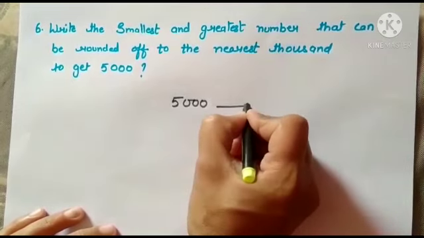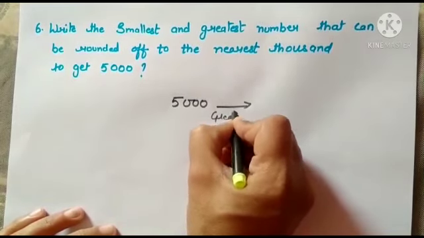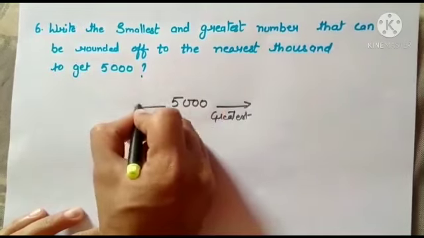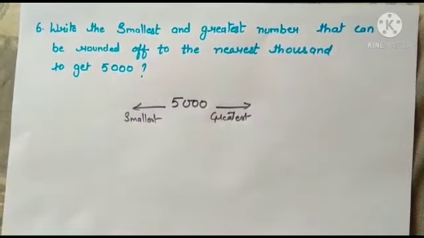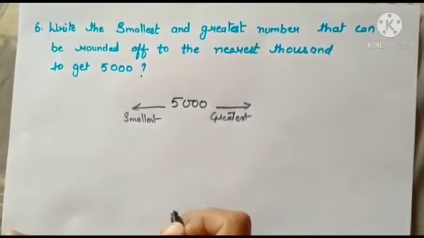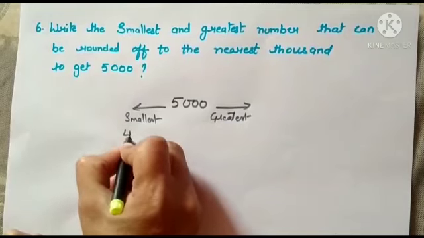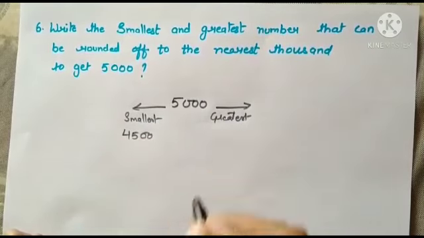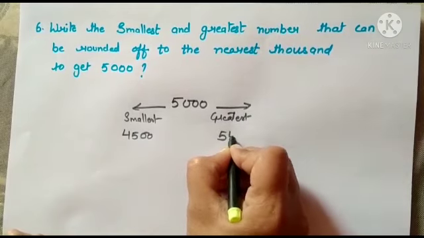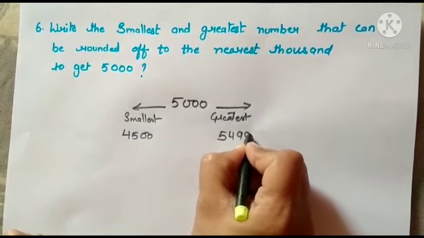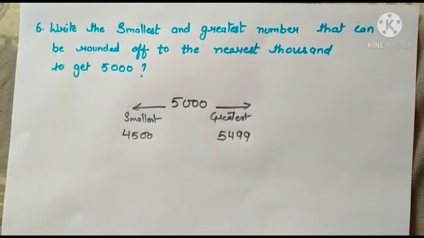What number will be our greatest and what will be our smallest number? So in this, near to 5,000, the smallest number is 4,500 and the greatest number is 5,499. Okay.